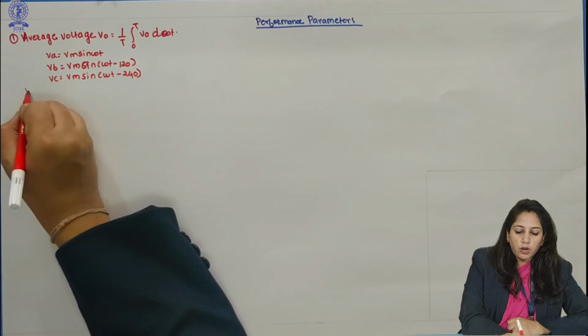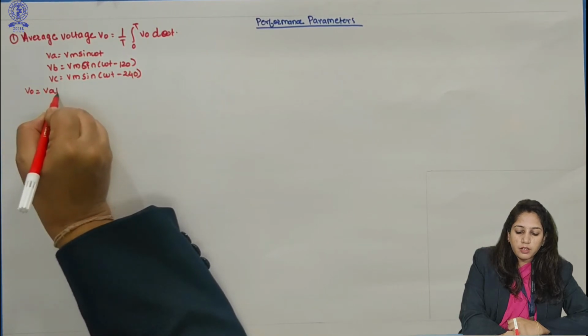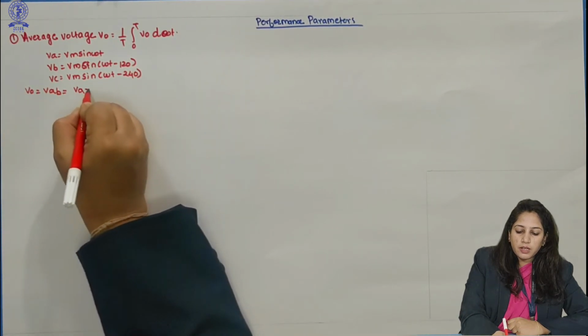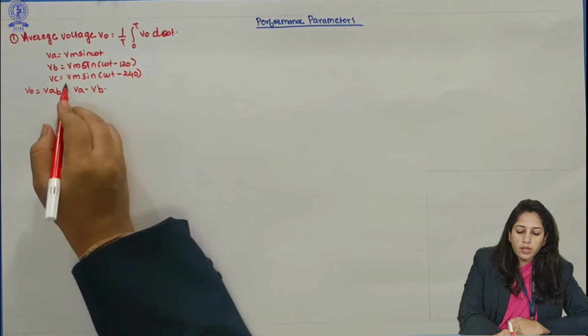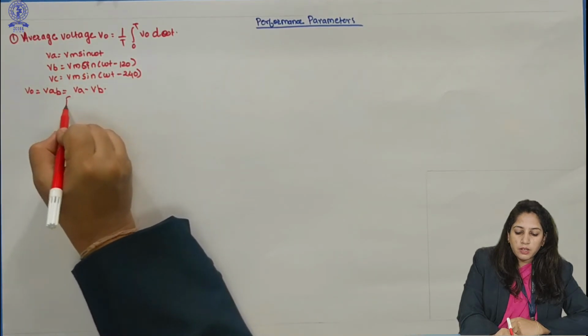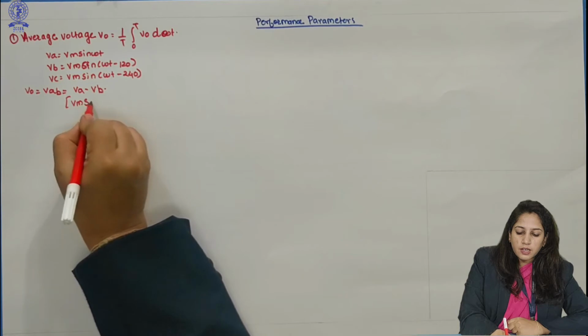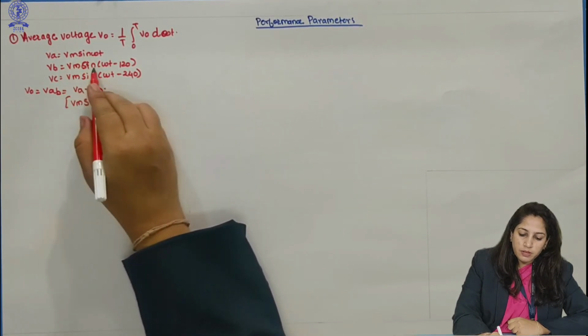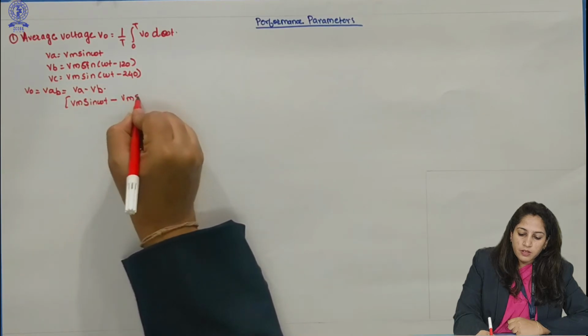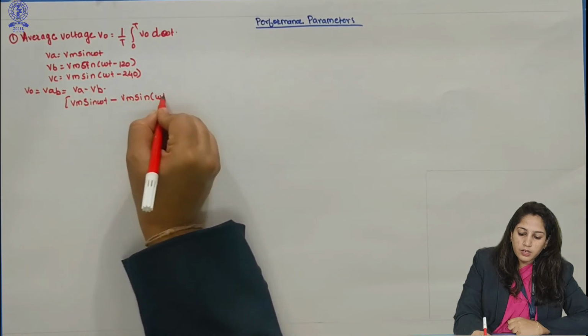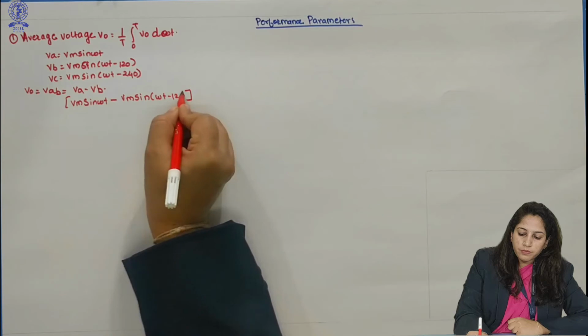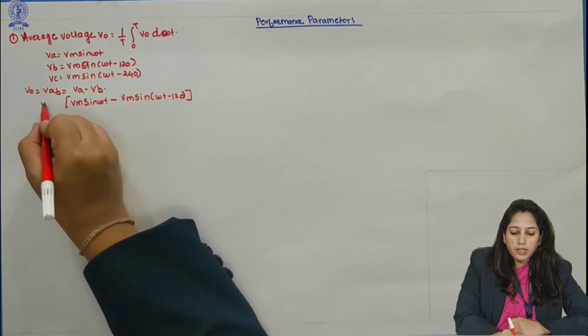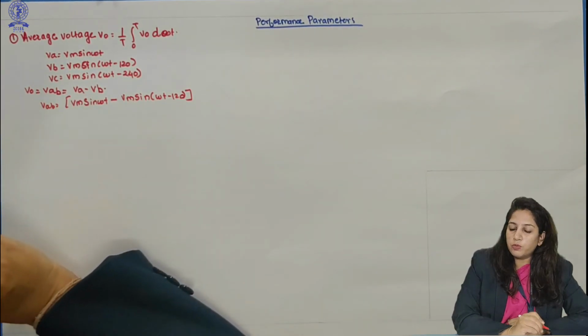The output voltage will be VAB, which is VA minus VB, that is Vm sin omega t minus Vm sin(omega t minus 120). So we have got VAB now, which is equal to VO.